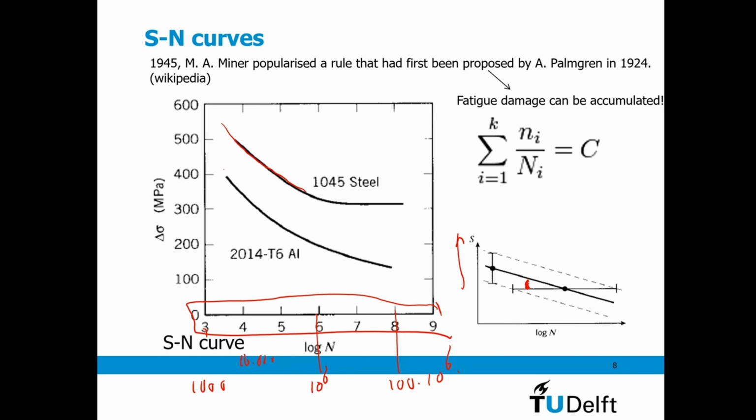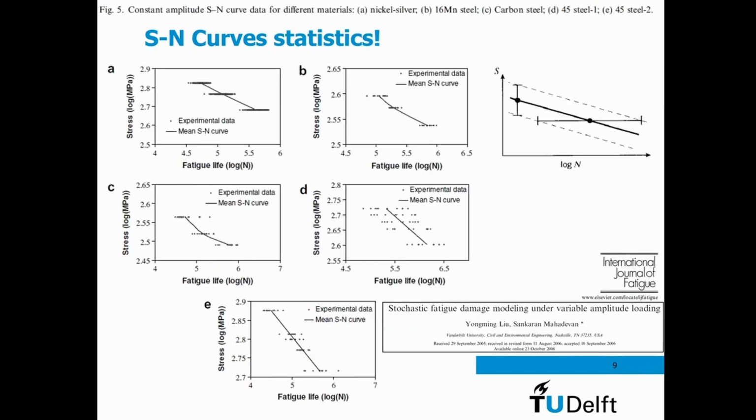So if I increase the stress variation, if this slope is 3, for example, if I double my stress variation, that means that the fatigue life gets reduced by a factor 2 to the 3rd power, is 8 times reduction in fatigue life. So then this one is going to be 8 times lower.